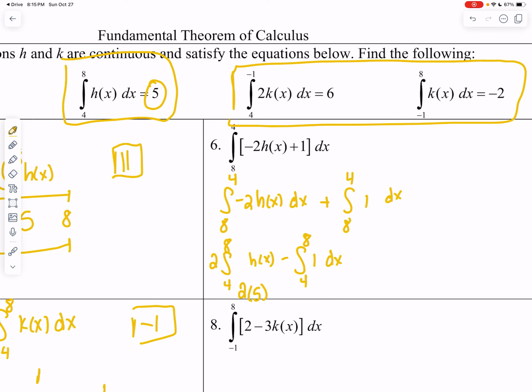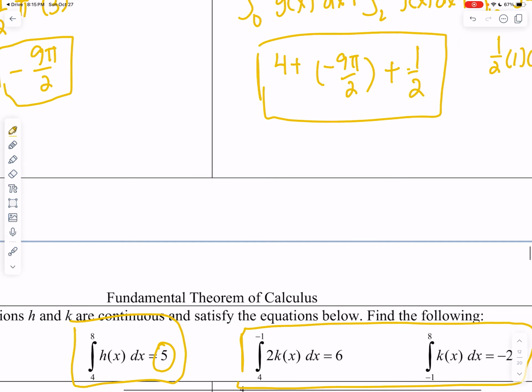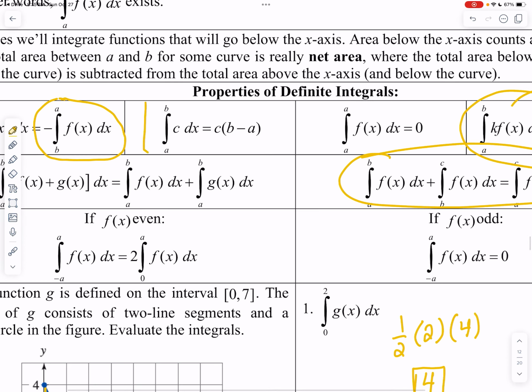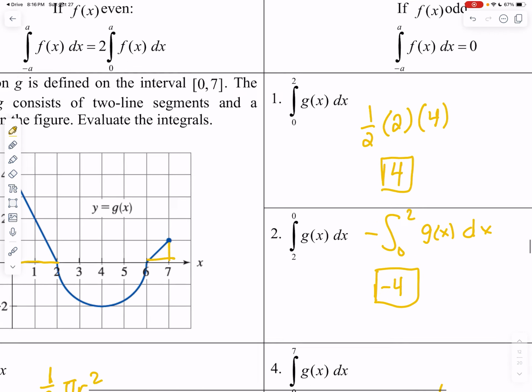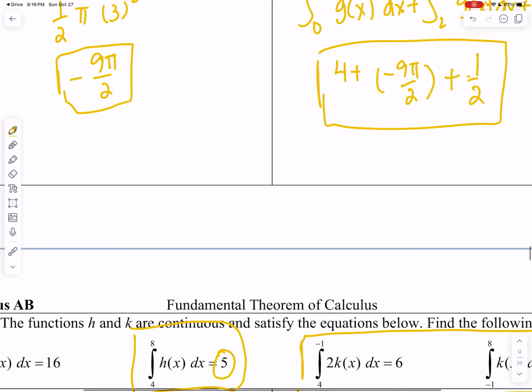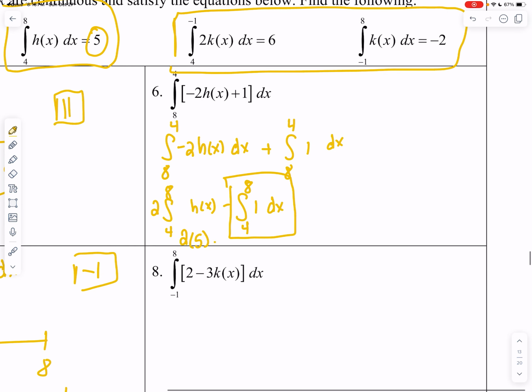And then for this one, one of the properties of a constant is this one right here, because this is essentially a rectangle with a length of b minus a with a height being c. So that being said, that is the same thing as saying 1 times 8 minus 4, or just 4. So 10 minus 4 is going to give us an answer of 6.